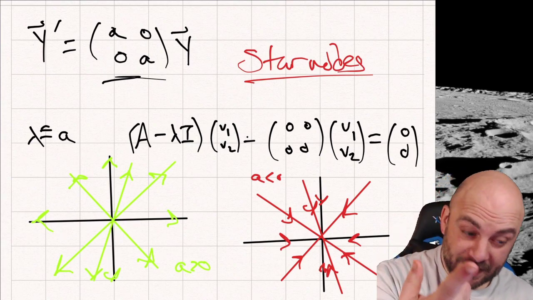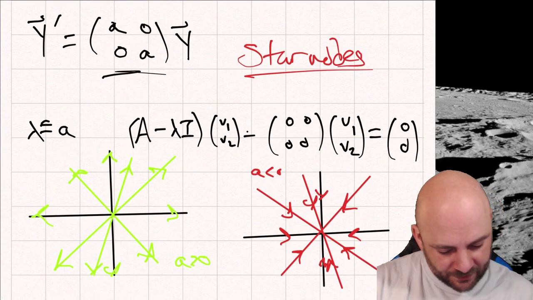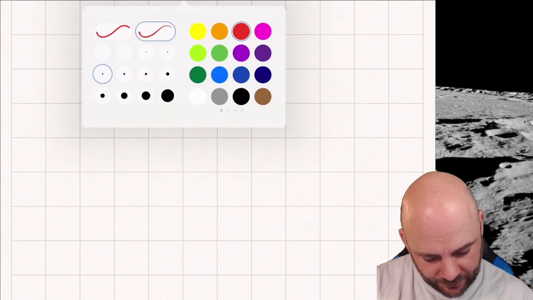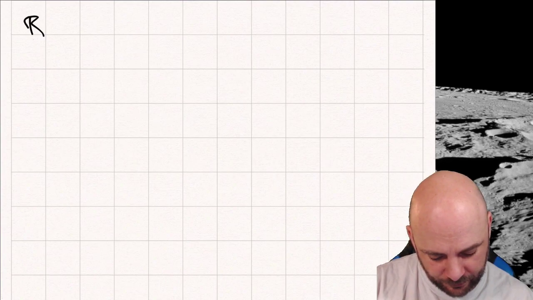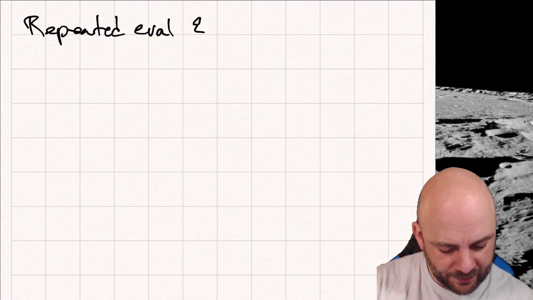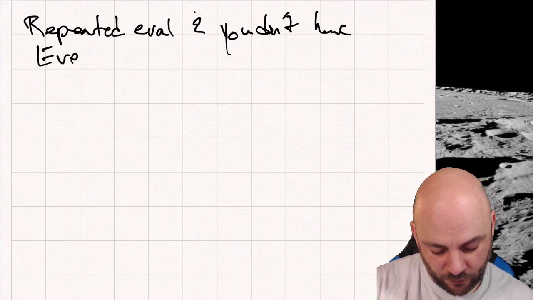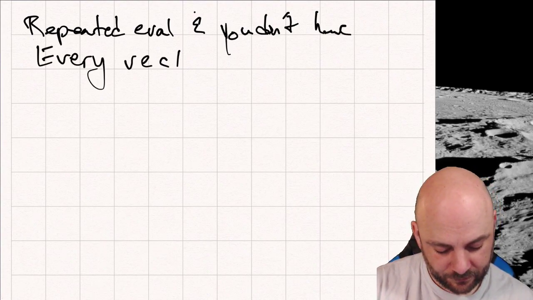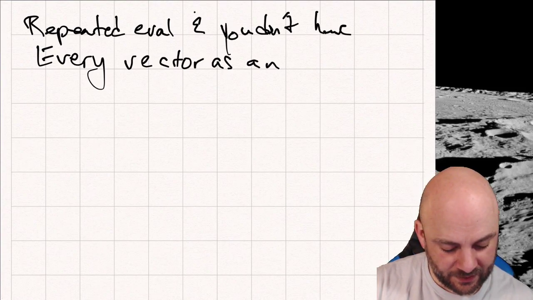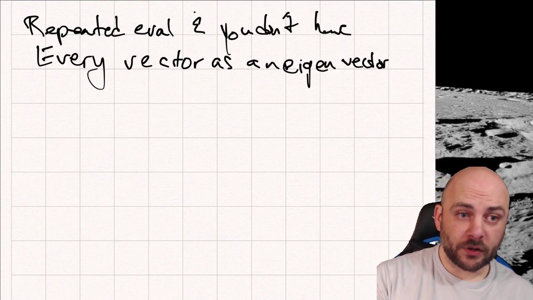Okay, this leads me to something I forgot to do. In the event that you have a repeated eigenvalue and you don't have every vector as an eigenvector, we want to look at our solutions here.